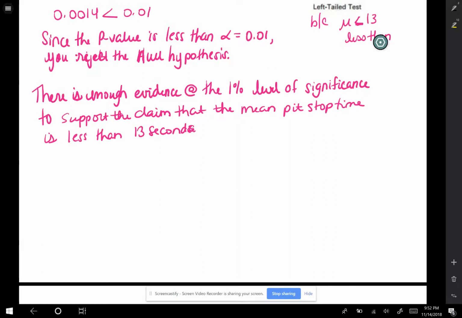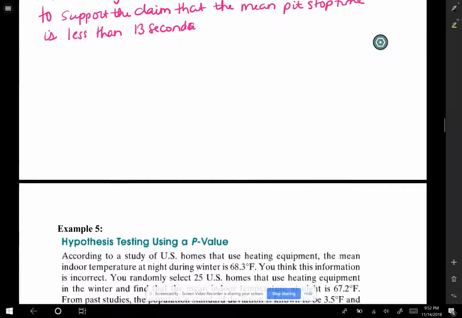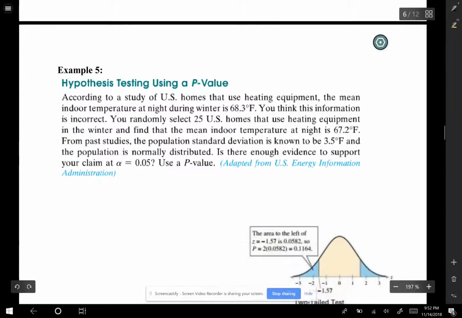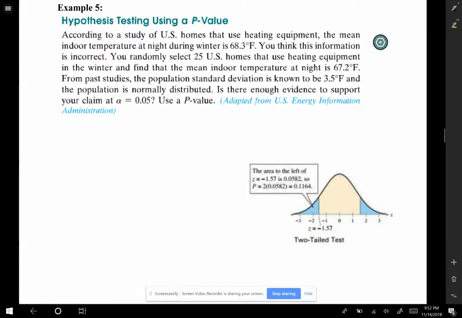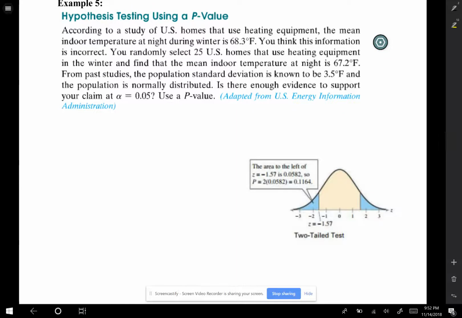So you can see why hypothesis testing would be important in cases like that. It's also important to advertisers, because for their marketing strategies, they want to be able to write claims that are true and will be accepted.